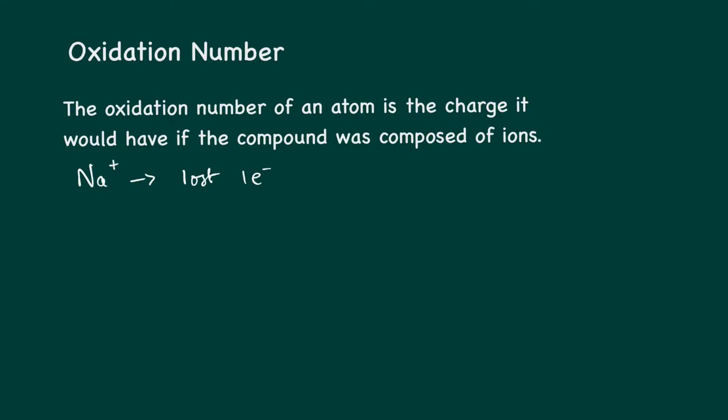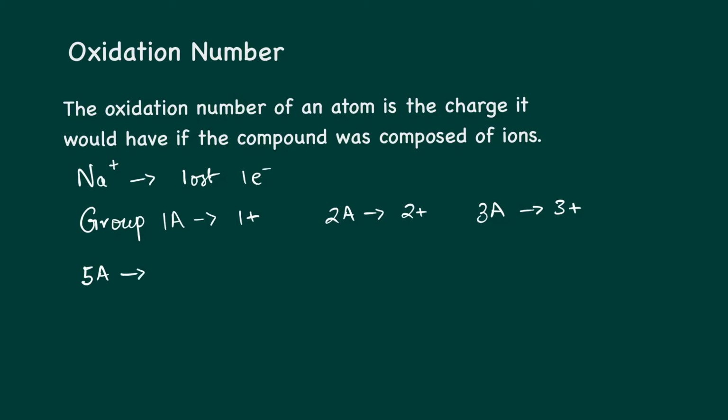Turns out, every atom in the group 1A elements has a 1 positive oxidation number. Every element in 2A has a 2 positive oxidation number. 3A is 3 positive. Then you skip 4A, you go to 5A, and this is where you start getting your anions.